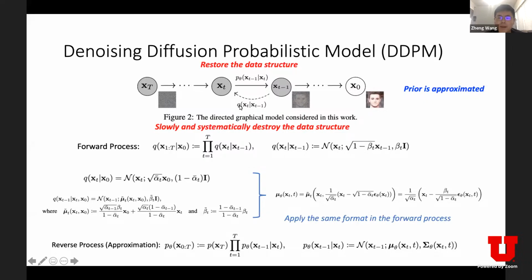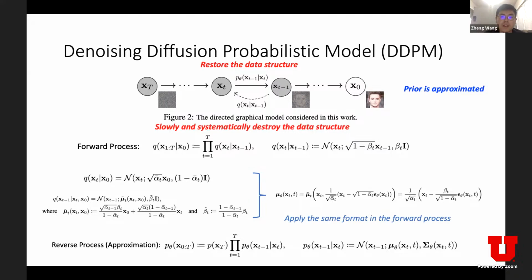It is formulated by a Markov chain, and the transition probability is denoted as q xt conditioning on xt minus 1. Actually, from the right to the left, it should be the posterior distribution in the generative model, and from the left to the right should be the prior distribution in the generative model.